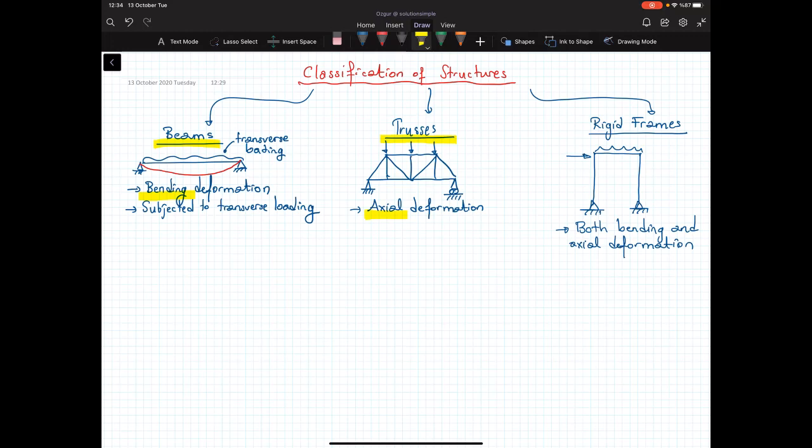Now here we don't just call them frames, but rigid frames. The reason for defining rigid is as follows. The members are not rigid, but the joints are rigid. So let me draw another frame here. Let's say that these angles at the joints are equal to 90 degrees. So this is the undeformed shape.